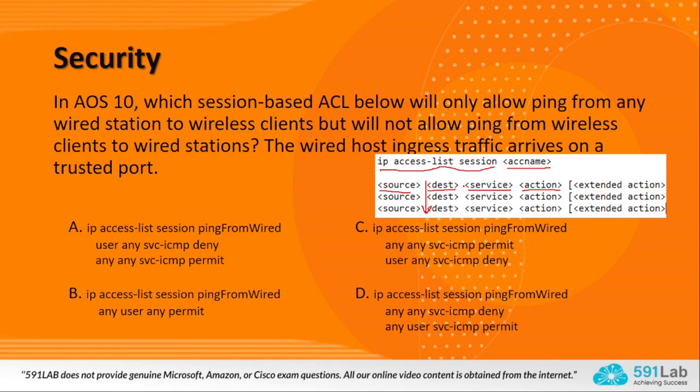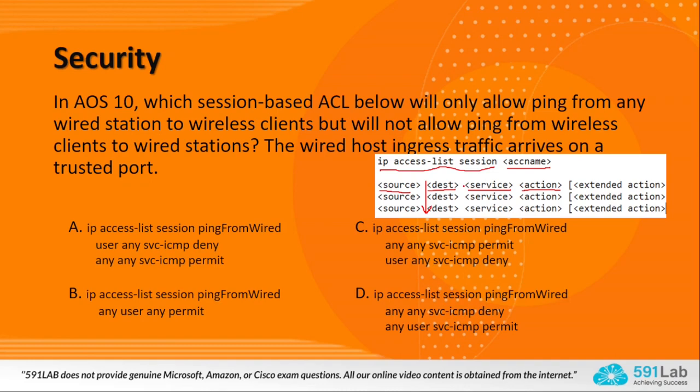So ICMP from wireless users is denied. The second rule is allowing ICMP from any source to any destination. Remember, there's an implicit deny all at the end. So the outcome of option A is to deny ICMP traffic sourcing from wireless users and allow all other ICMP traffic. All other traffic except ICMP is blocked. So it looks correct as it fulfills the requirement in the question.